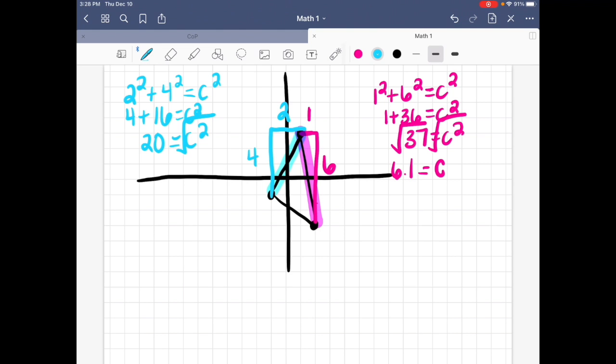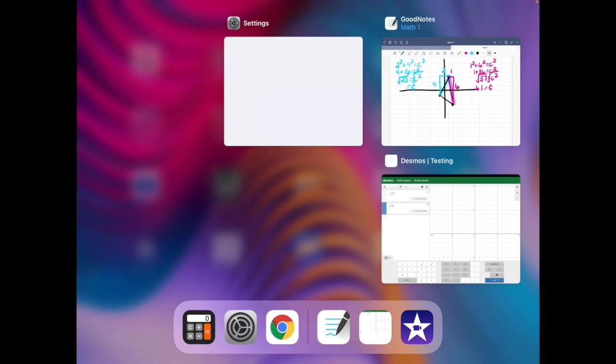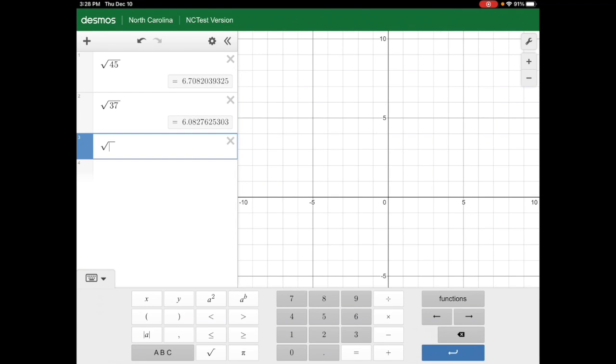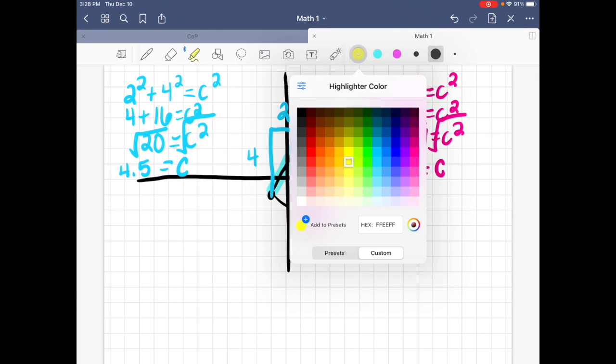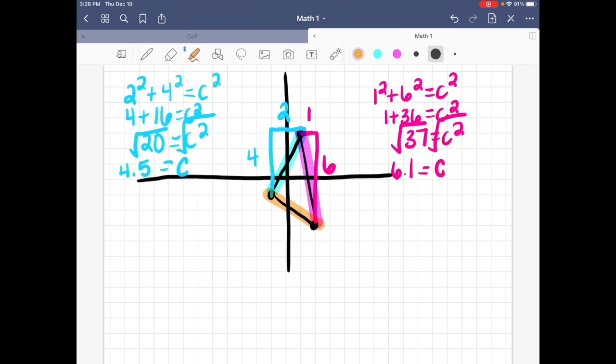Take the square root. So we'll take the square root of 20. And that's going to give me 4.47. So we'll say 4.5.